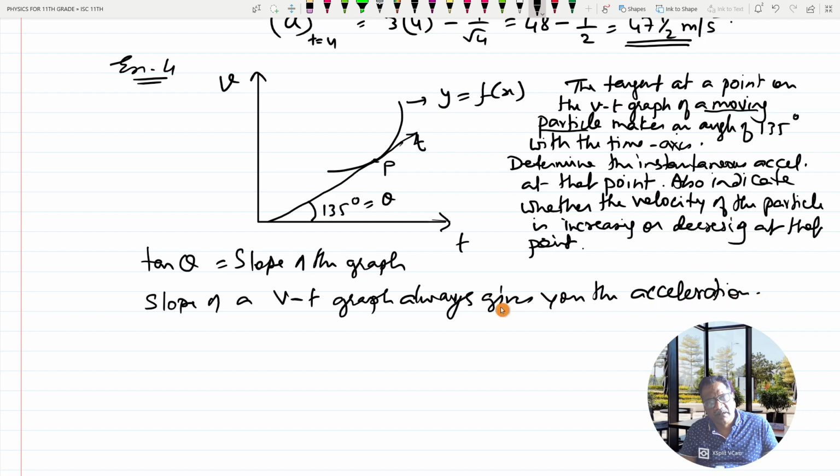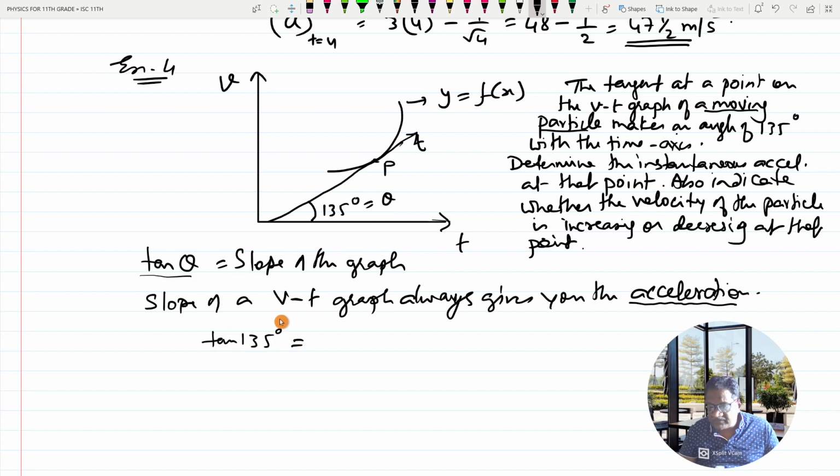Now all this you will be studying in detail in physics, in the subsequent chapters. This is just the mathematical concepts which are being used in physics. That is what I am trying to highlight over here. Okay. So in a velocity time graph, whenever you find out the slope, that slope will tell you the acceleration. So the slope of this graph you can find out by using tan of theta, theta is 135. So tan of 135 degree happens to be how much, you know?